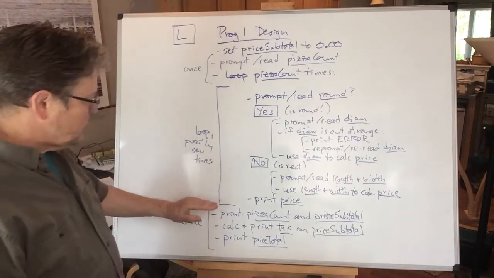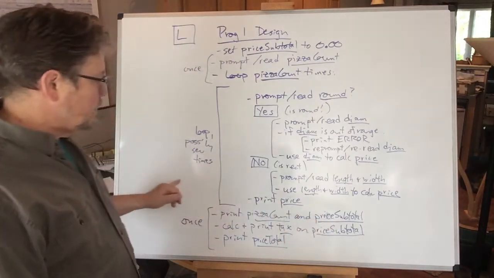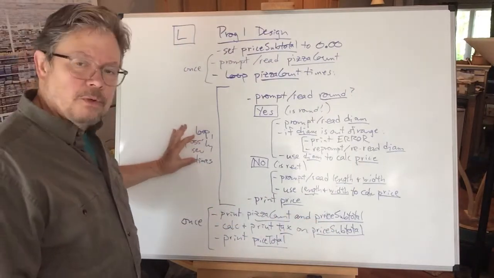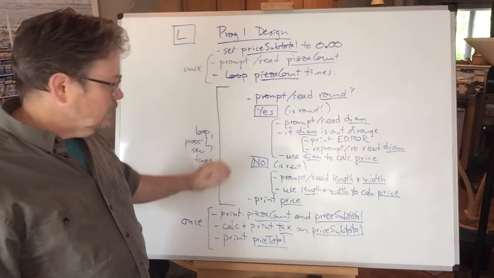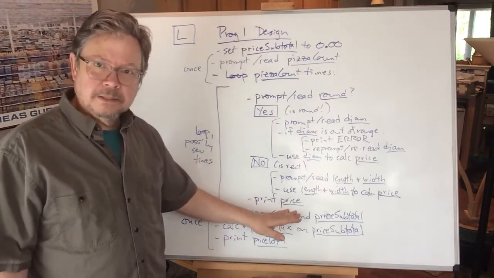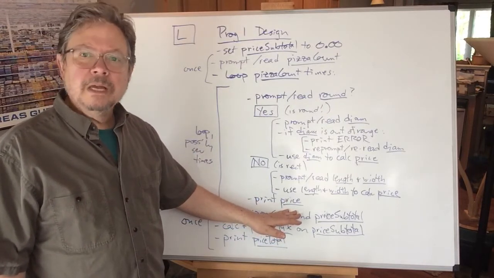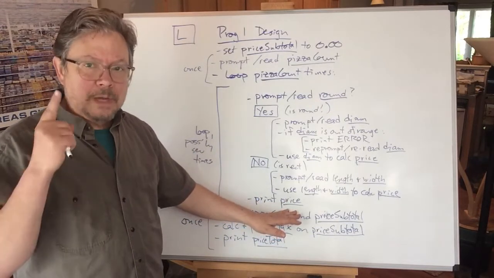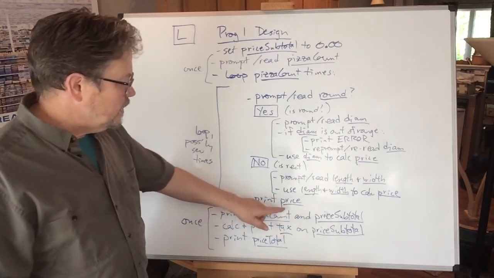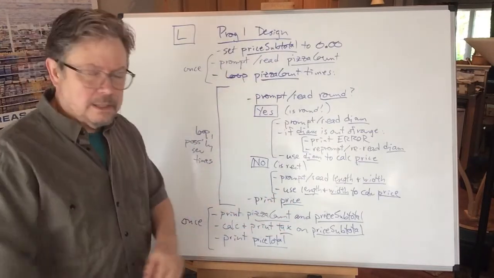I can't start thinking about it like I did after the loop. I have to think about it in the loop because that's the only time I got that pizza price. Anything I want to do with the price of this pizza, pizza number 2, anything I want to do with that pizza price, I better do that right now because that variable is about to get reused the next time I go through my loop.